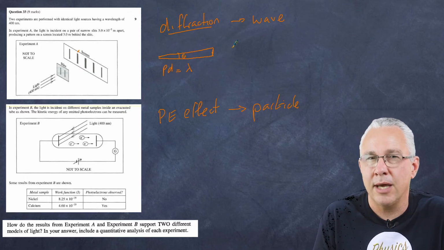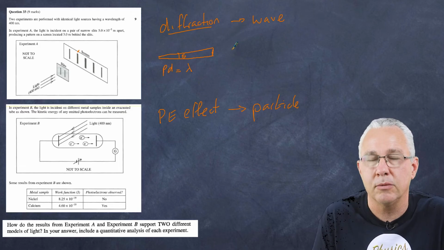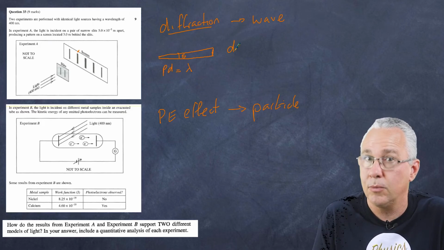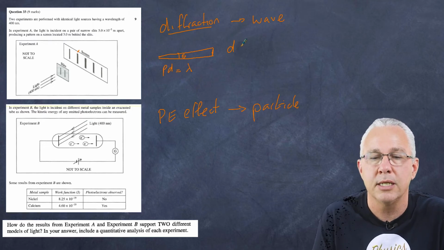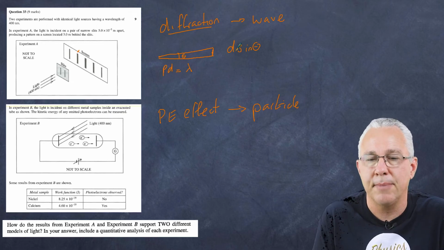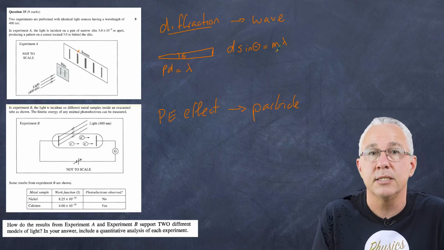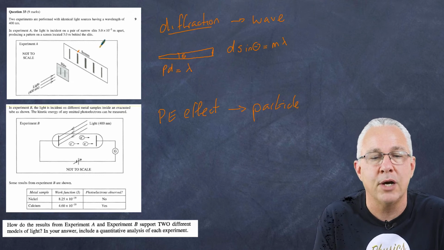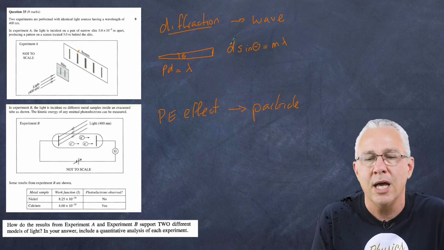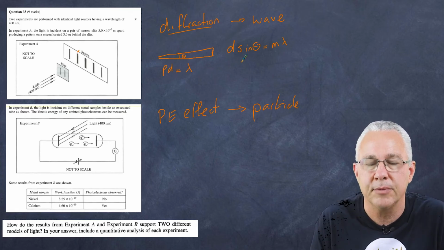And so that means we have a mathematical relationship that ties in the angle. So basically d, which is the separation between the two slits, multiplied by the sine of the angle, which is the angle between the two paths, is equal to m lambda, and in this case lambda of course is the wavelength and m is the particular bright spot we have. Now we're only interested in the first one, so I'm elaborating on the whole process of diffraction.